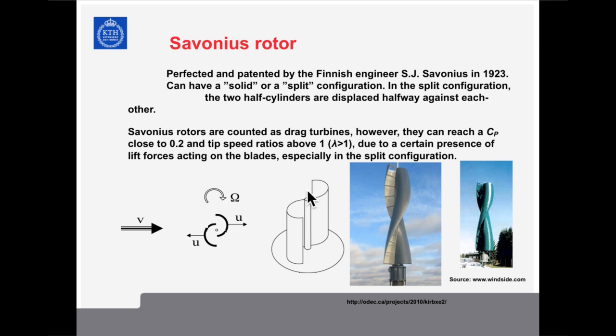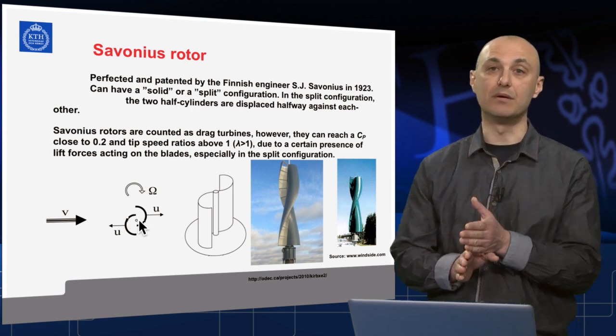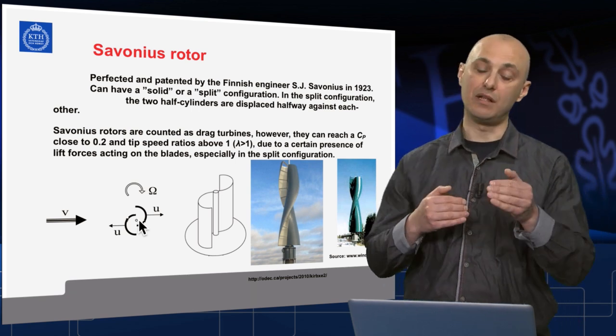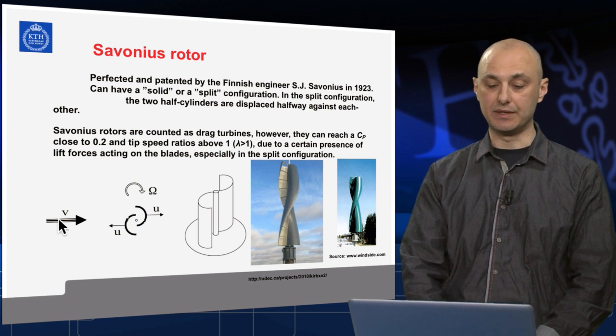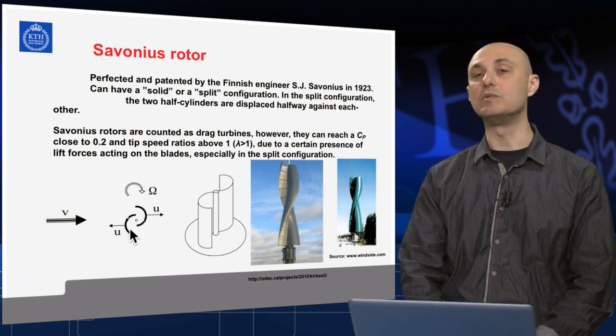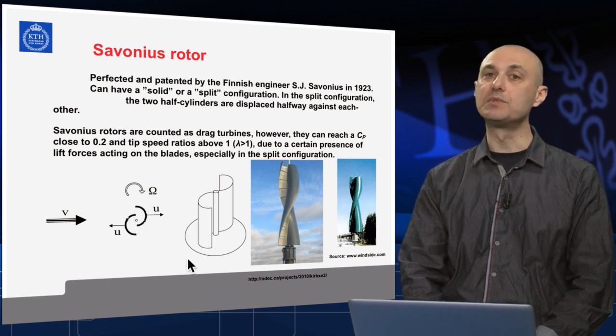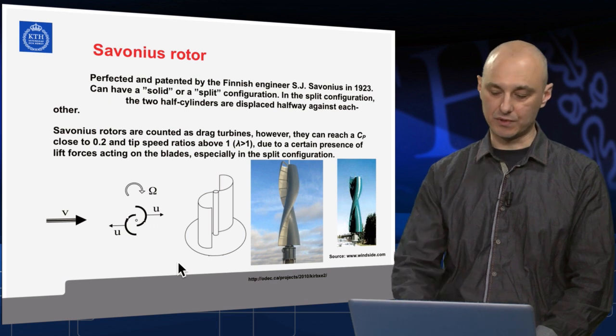And the more advanced ones can be called split Savonius rotors, where two halves of a drum, of a barrel, are moved halfway against each other, so that the flow passes inside those blades. And the fact that they are curved plates helps to develop some kind of a lift force.